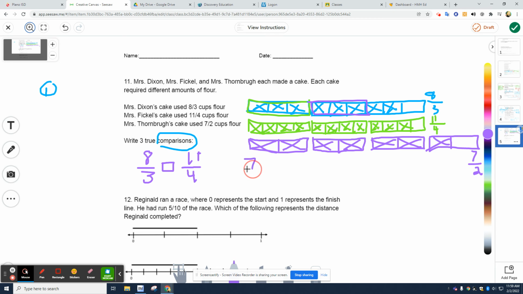I'm going to say 7/2 compared to 8/3 and 11/4 compared to 7/2. So now you should be set up to solve this problem. The other thing, I'm just going to circle these numbers because that's important. Mark up my text.